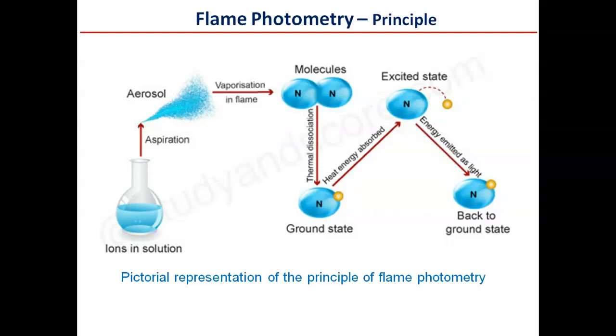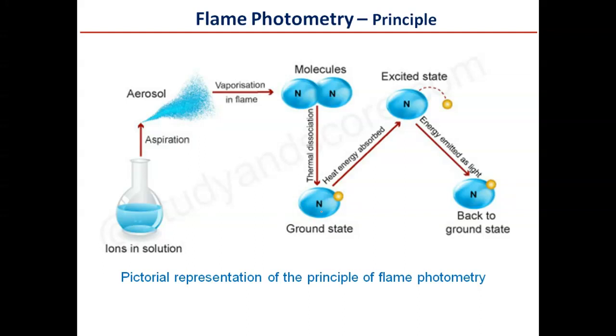This mist is present in the flame, and evaporation takes place in the flame. Upon evaporation, the molecule is dissociated into its constituent atoms, and this is called thermal dissociation of the molecules, or thermal dissociation of the salt, in the gaseous state. So this is in the ground state.